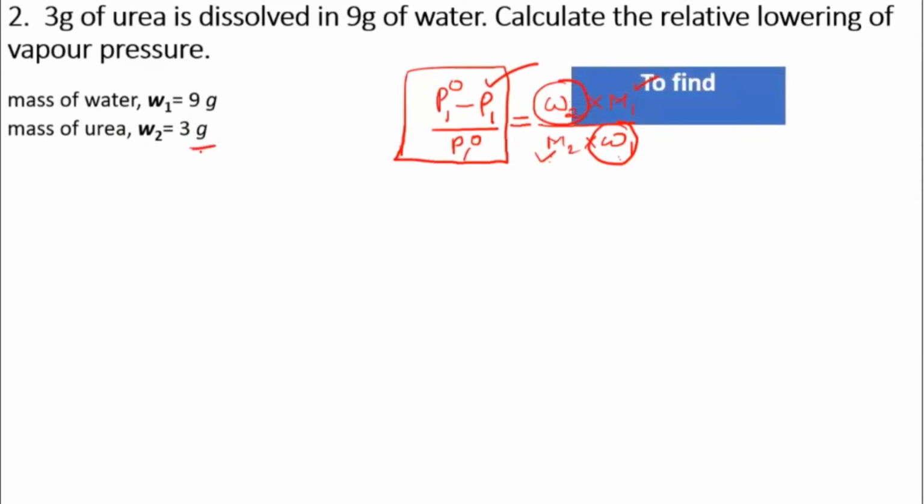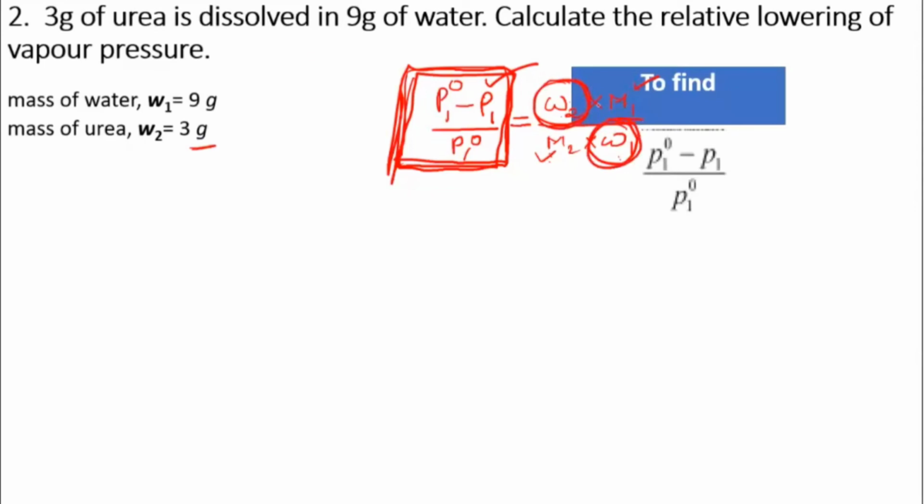And then to find out is P1 naught minus P1 divided by P1 naught, the relative lowering in vapor pressure, that is equal to W2 into M1 divided by M2 into W1. So we have W2 and we have W1. These two things are not given.